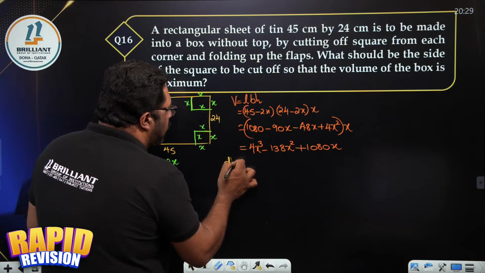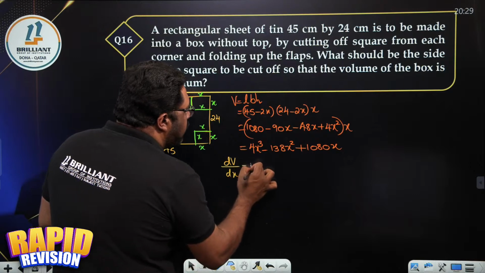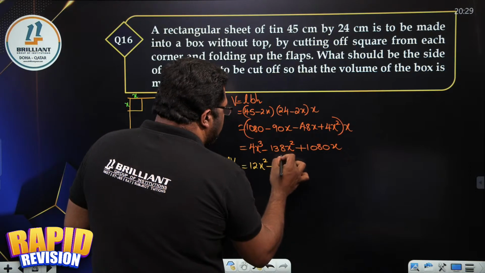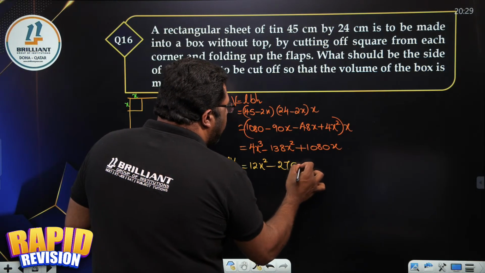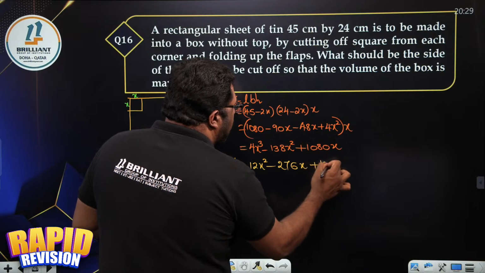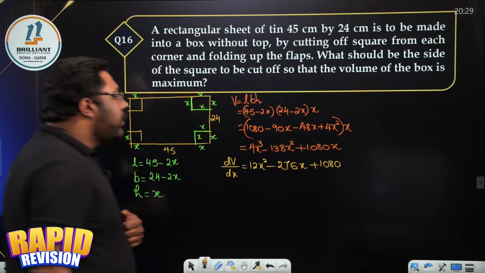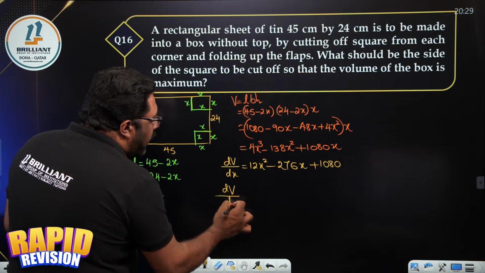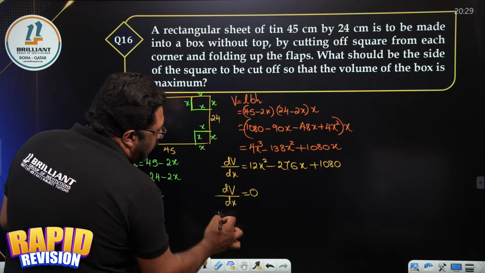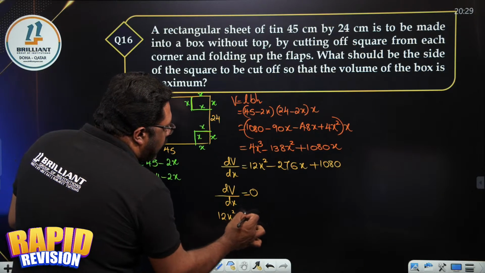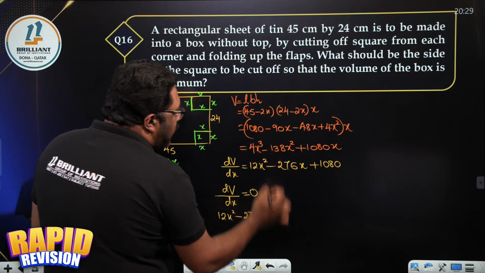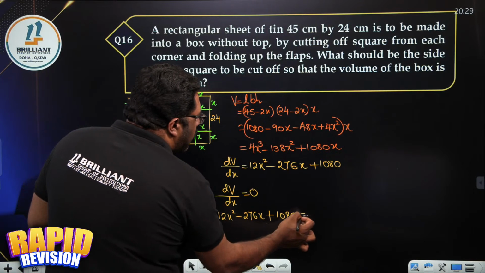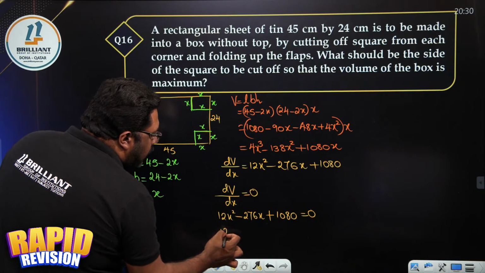Now start the derivative. dV by dx is 12x squared minus 276x plus 1080. Derivative done. Let's take dV by dx equal to 0. That is 12x squared minus 276x plus 1080 equal to 0. 12 is common, take it out.